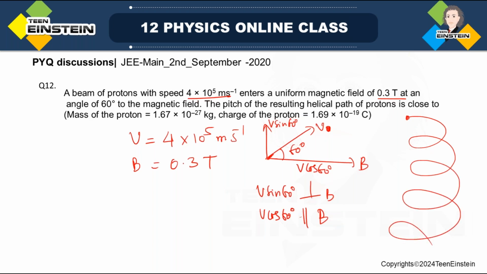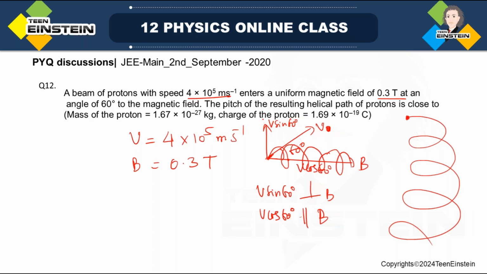Suppose the particle starts from here; in one total time period of revolution, it will also move forward because of the horizontal velocity. So you get a helical path like this. By the time the particle comes here, it will have moved up to here. This is how it makes a helical path.